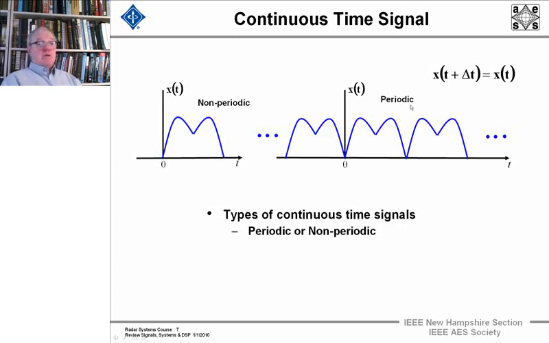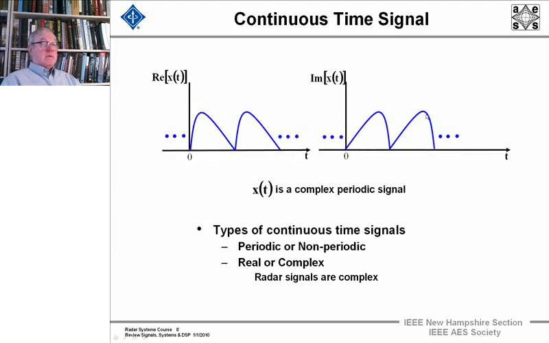A periodic signal has the form x of t plus some delta t, the period say here, is equal to x of t. So that defines the difference between periodic and non-periodic signals. There could be a bunch of zeros here, the same number here, and the same number here, separating the non-zero parts, and it still would be periodic.